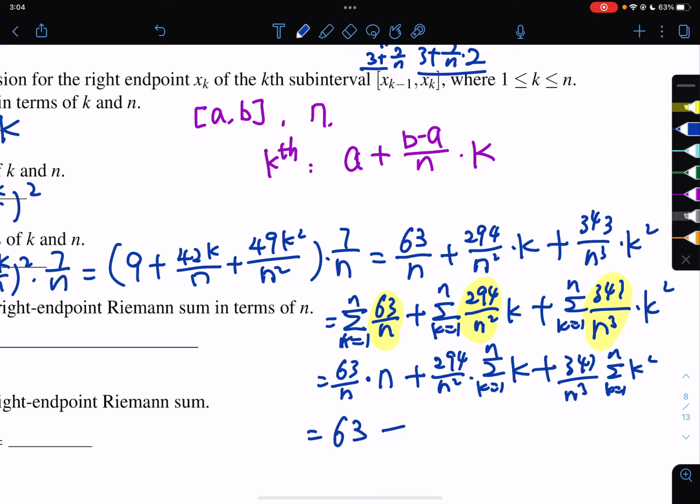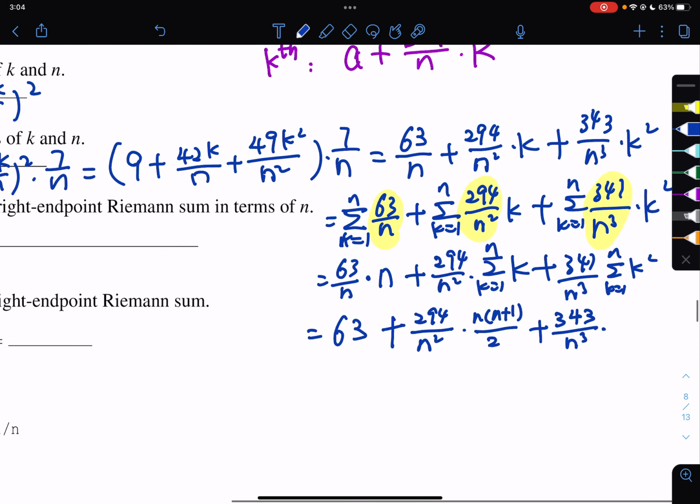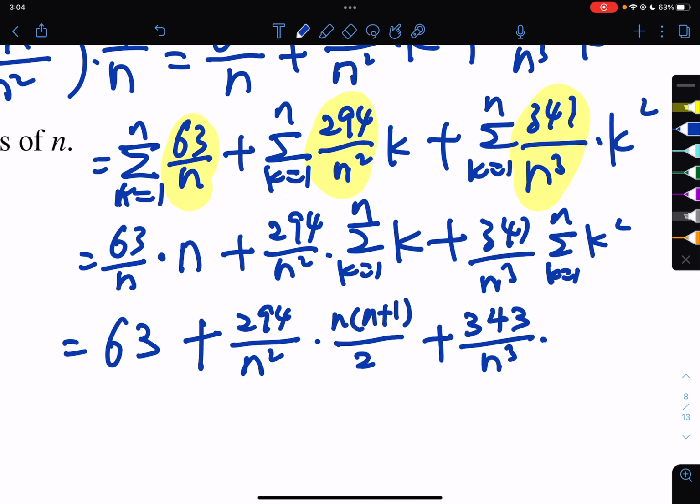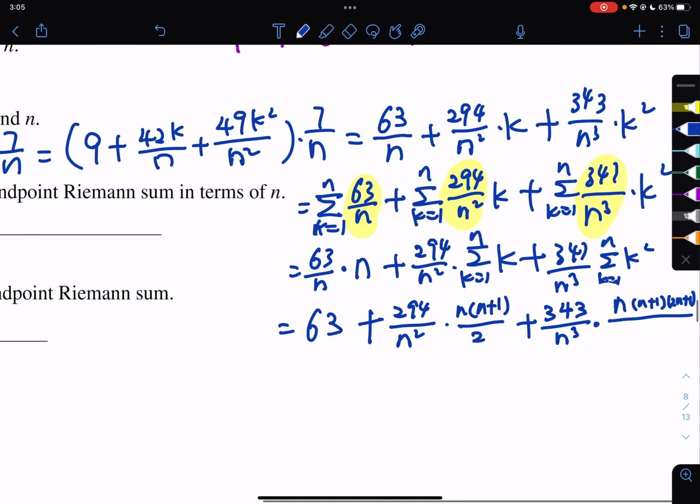The first part is 63. The second part is 294 over n squared, and the summation of k from 1 to n is n times (n plus 1) over 2. In class, we also provided you with the summation of the k squared terms. I'm not 100% sure I'm remembering it correctly. I think it's n, (n plus 1), (2n plus 1), divided by 6.